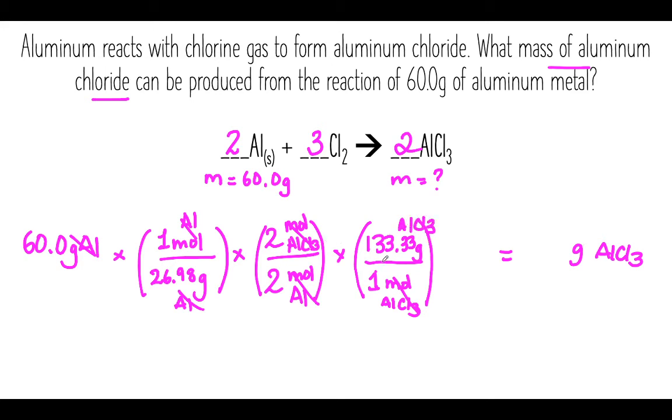Now, this value I got from the periodic table, and when I multiply all of the numerator and then divide by everything in the denominator, I should get the value 297 grams of AlCl3. There are 3 significant digits in the question, and there are 3 significant digits in my answer.